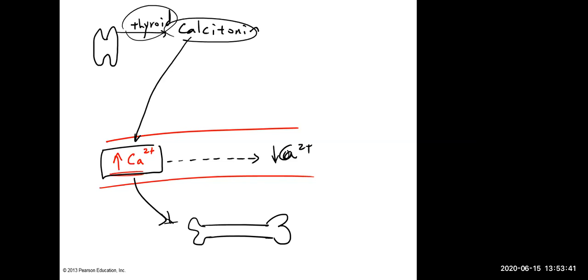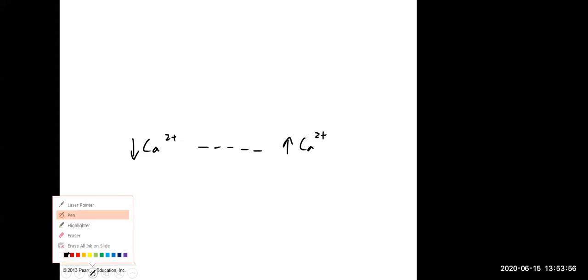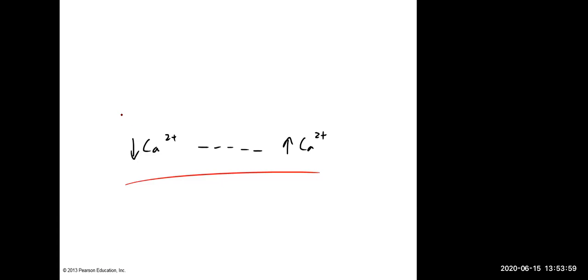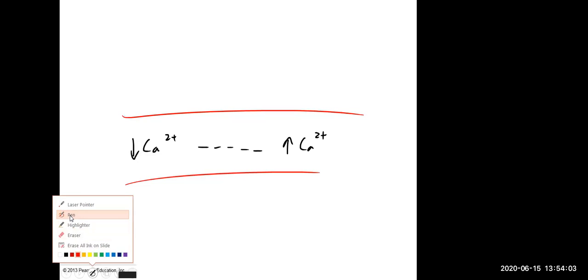All right. Next up, what if we have the opposite? What if you have a low calcium? If you have too low calcium, then we need to increase the calcium. That is the necessity to have in our blood vessel. So pretend this is a blood vessel.